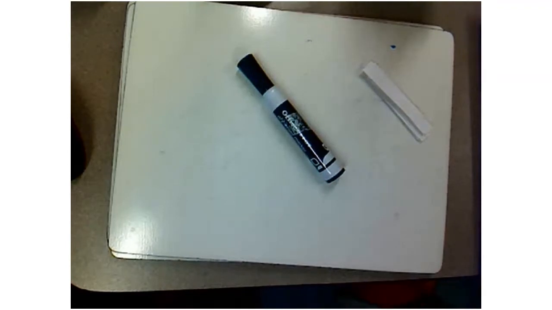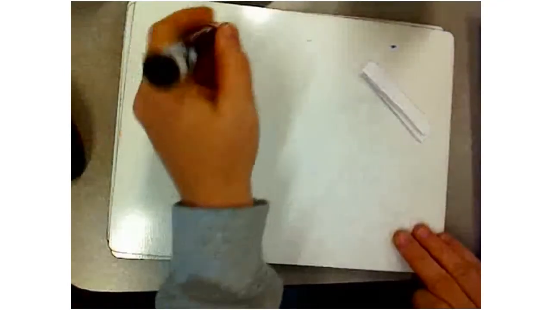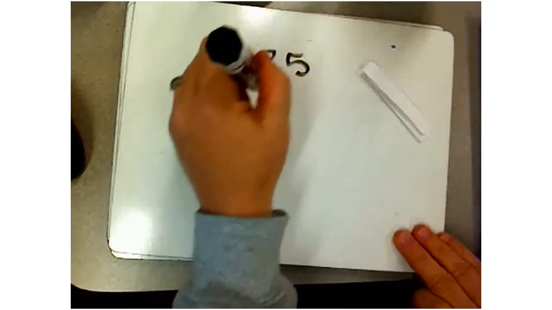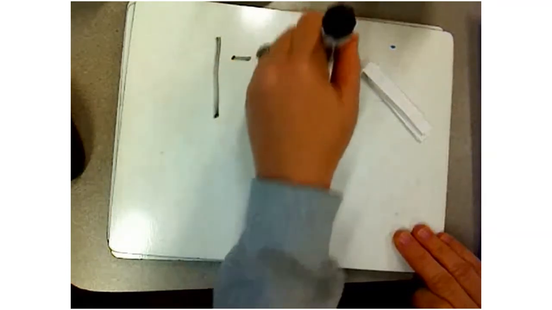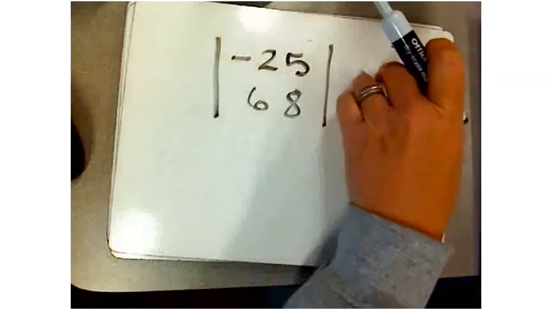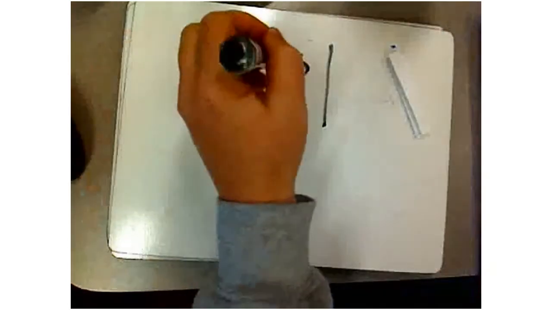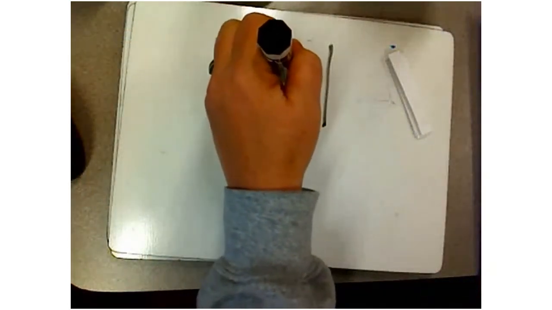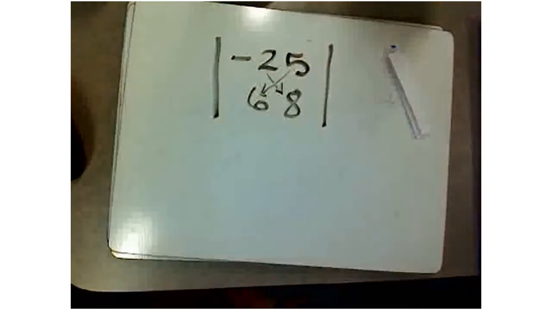Determinants of 2 by 2s are pretty simple, aren't they? If you look at your matrix, the first row is -2, 5, and the second row is 6, 8, and they use those long bars to show the determinant. That's one way to show determinant. Or you can write DET before your brackets. That means determinant. When you see those long bars, they want you to give the determinant of the matrix. When it's a 2 by 2, all you have to do is cross multiply, sort of.